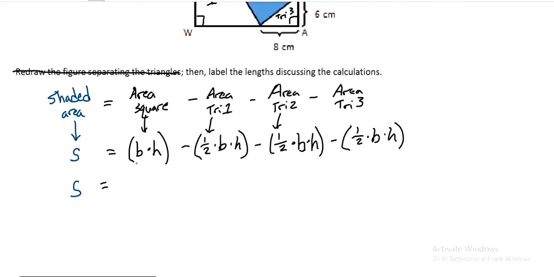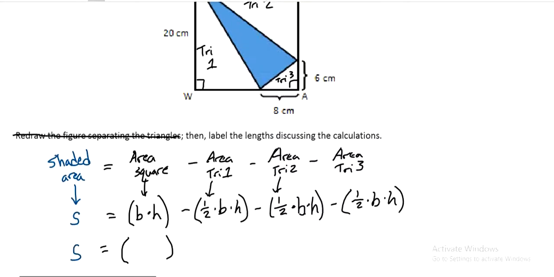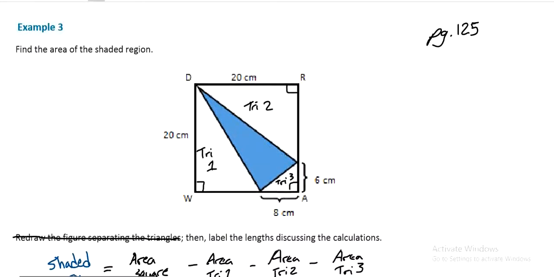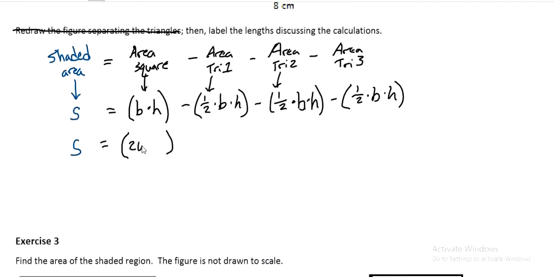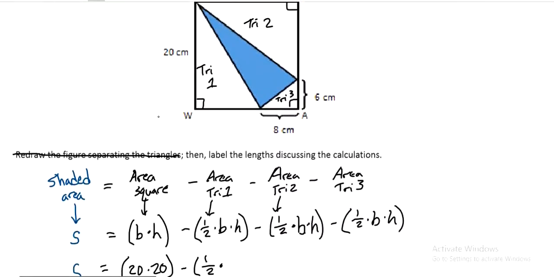Okay. On to the next line down, we have our rough draft with our formulas in it. Now we just need to put some numbers in for our base and our height. So the area of the square is this entire square. We see how the base is 20 and the height is also 20. So this will just be 20 multiplied by 20, minus 1/2. So now the area of triangle 1.